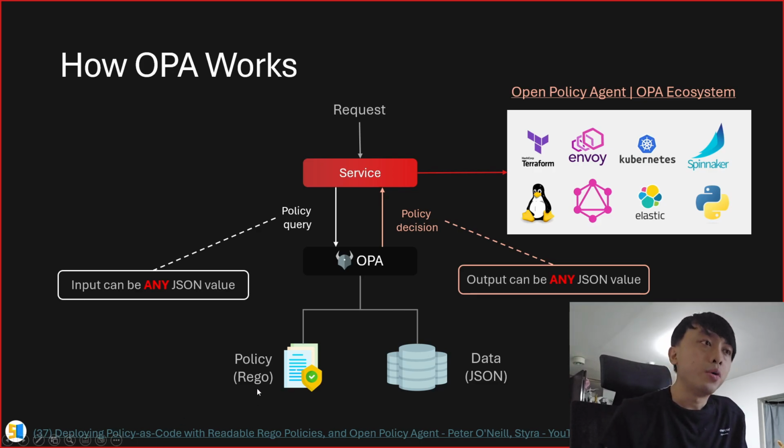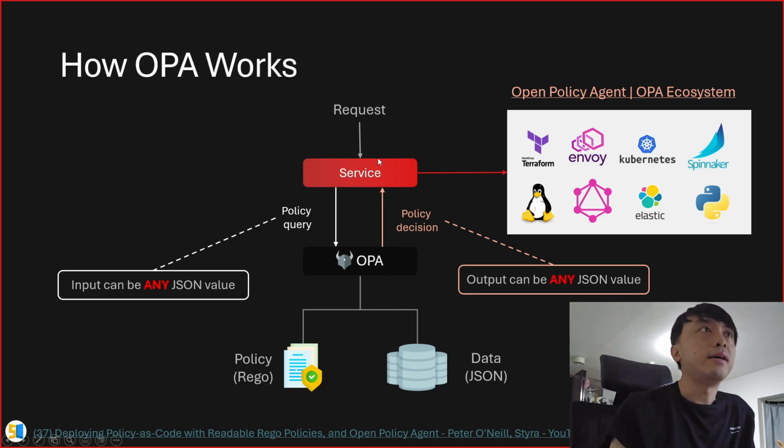OPA will read the policy that we wrote in Rego. And if required, we can also provide OPA with external data in JSON format, so that OPA can evaluate the policy request accordingly.